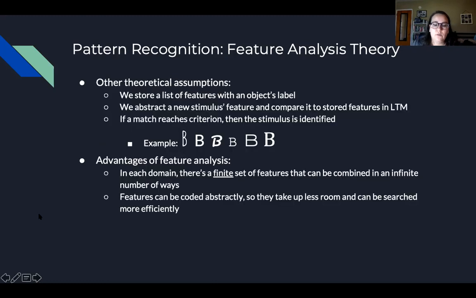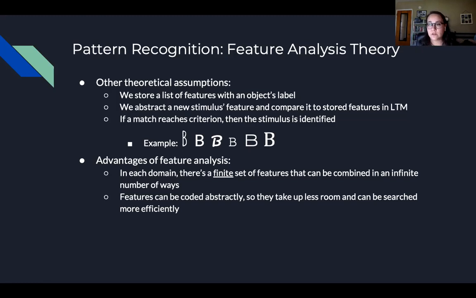And so going back to what I was saying before the feature analysis example chart, another assumption of feature analysis theory is that we will store these lists of features along with the label for that particular letter or object, whatever the case is, in our long-term memory.